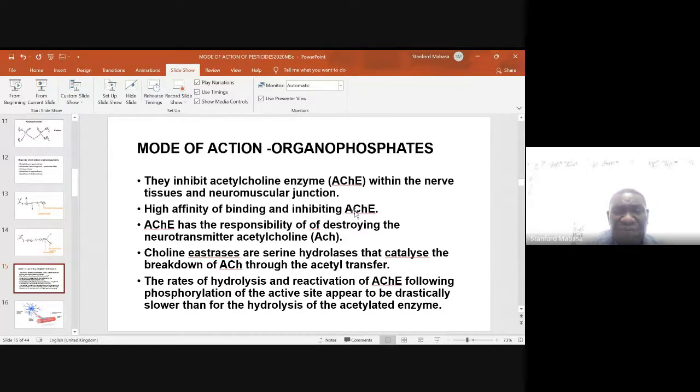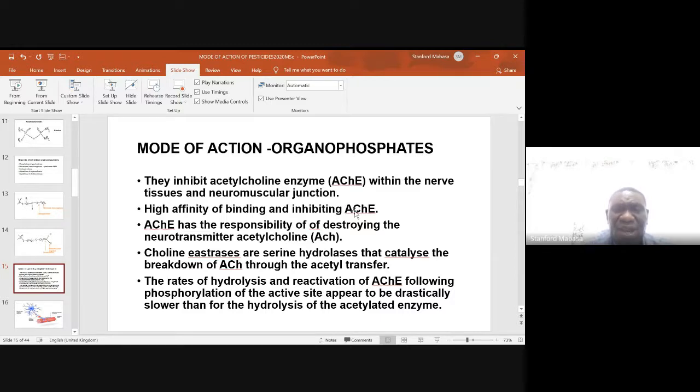And because of that, the enzyme may not be released. So if you put a pesticide, the pesticide combines with the acetylcholine enzyme and forms more or less a permanent structure.